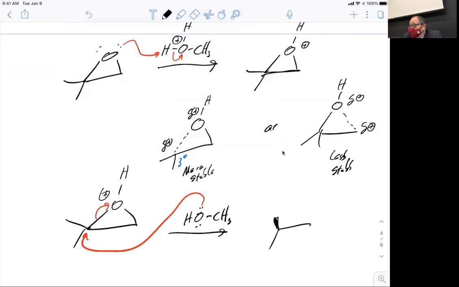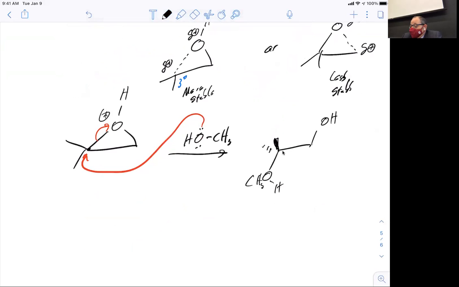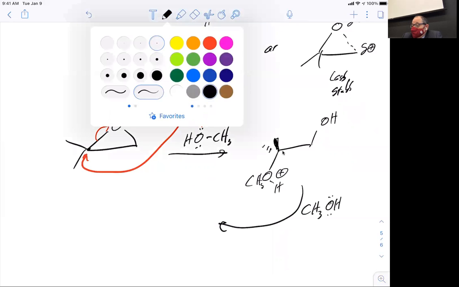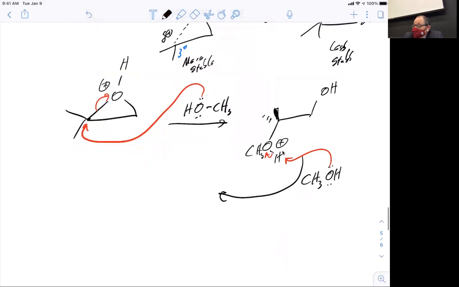That forms our stereo control. And then we just need to get a proton transfer to get us our product.